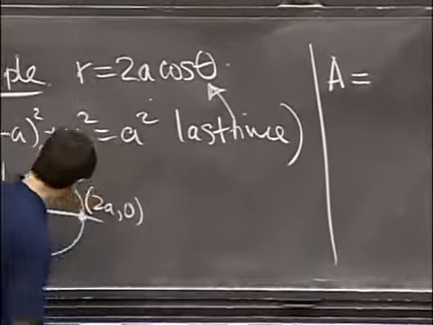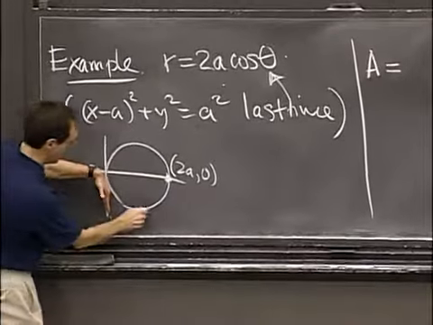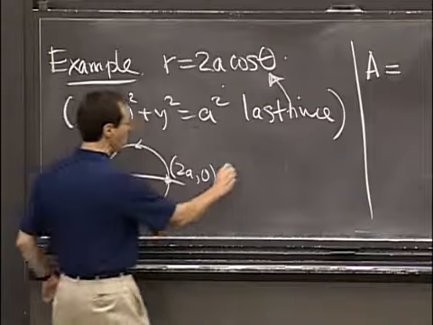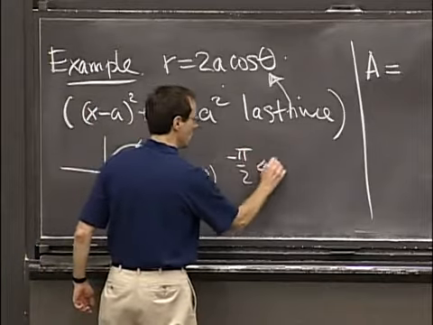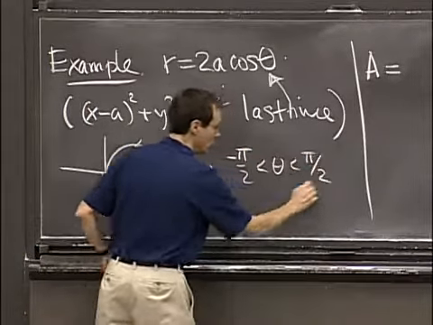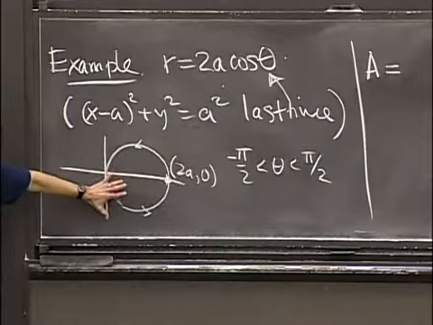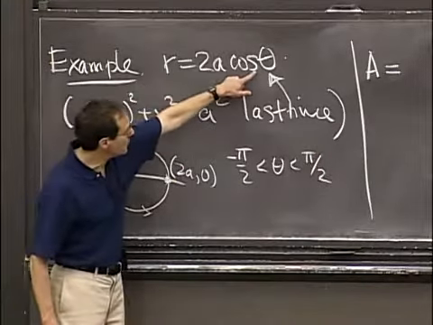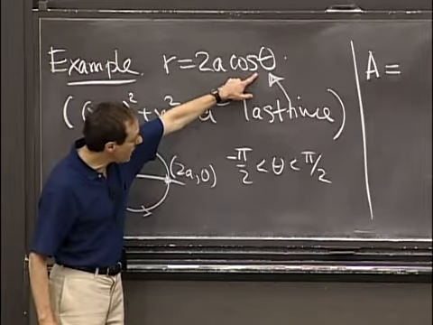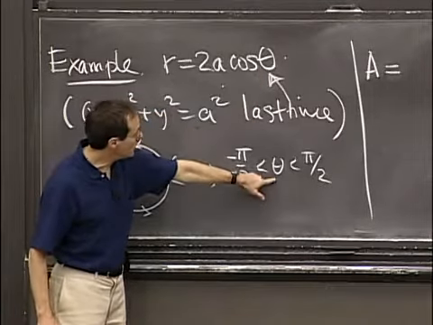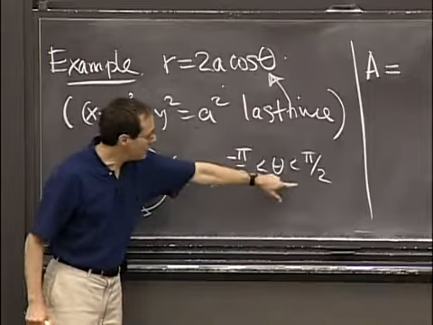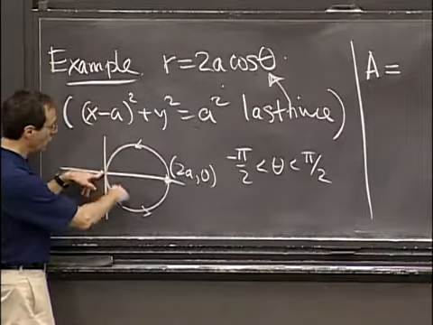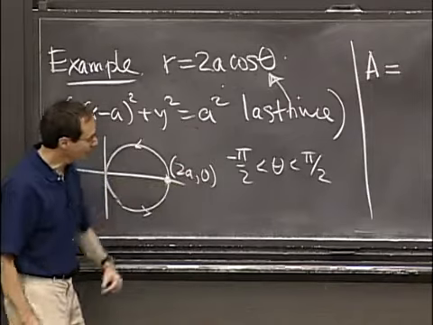Well, first of all, when we sweep out the area, we have to realize that we only go from minus pi over 2 to pi over 2. So that's something we can get from the picture. You can also get it directly from this formula if you realize that cosine is positive in this range, and at the ends, it's 0. So the thing encloses a region at these ends.